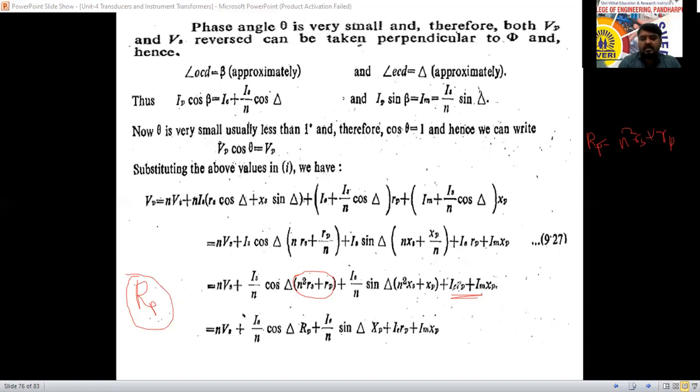Similarly, this n square Xs plus xp, I am going to consider as the primary reactance, that is called Xp here.